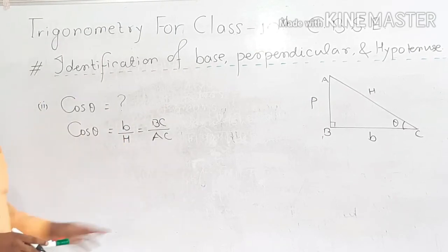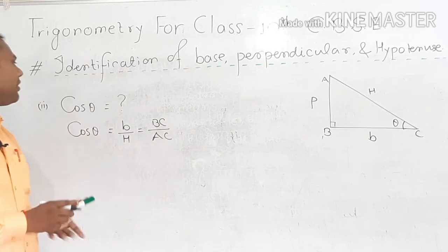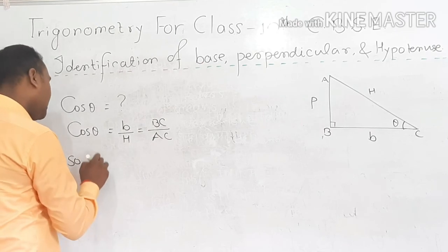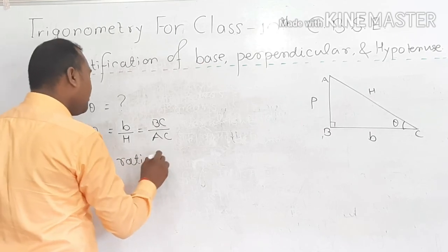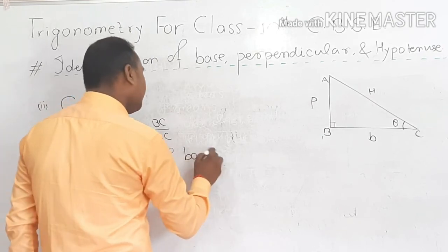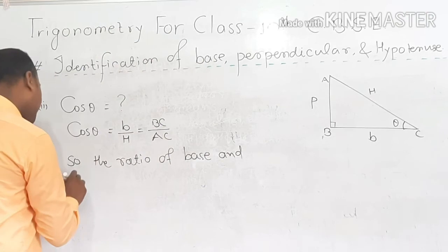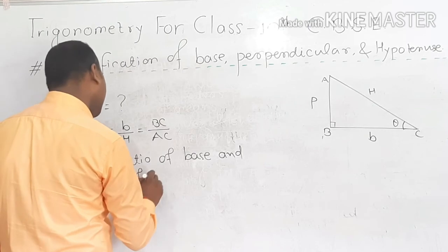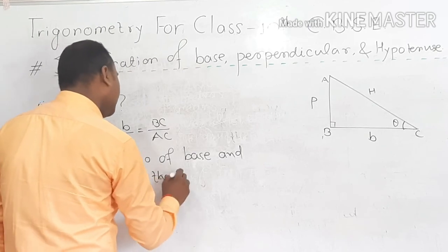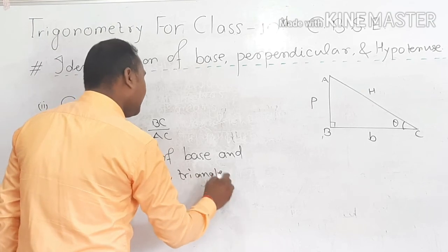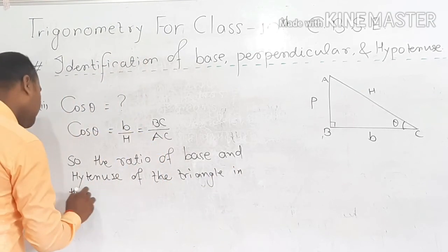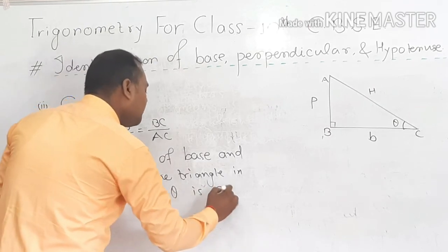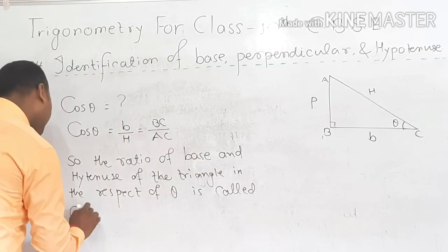That means we can say that the ratio of base and hypotenuse of the triangle, in respect of theta, is called cos of theta.